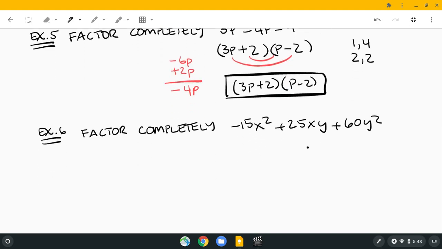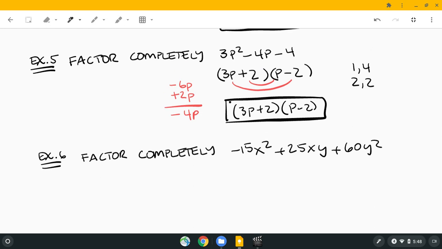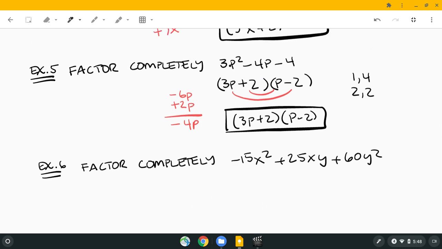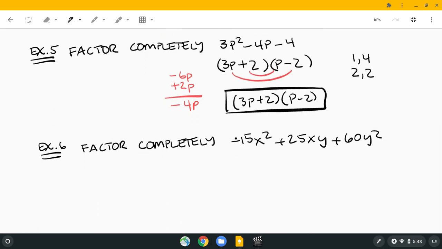We're going to take a look and see if they have anything in common. And we notice that they do. They all have -5 in common. Since we've been working with a positive leading term, we're going to continue with that.